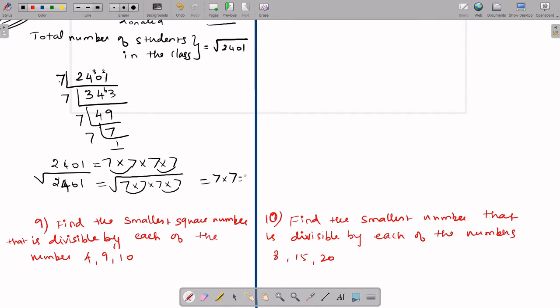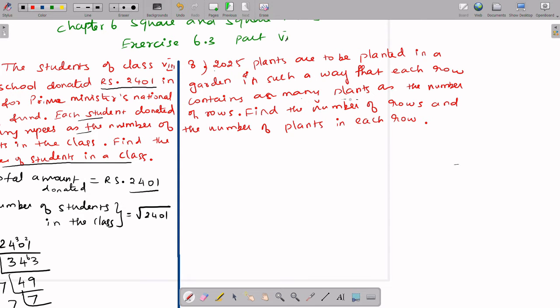What is the meaning of that? 49 is the strength, the number of students in the class. So you conclude that the number of students in the class is equal to 49. That is the answer we need to find, and we pass on to the next problem.